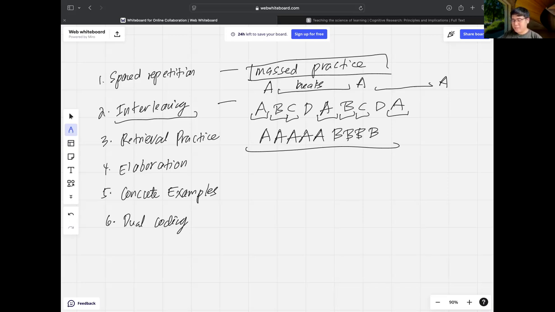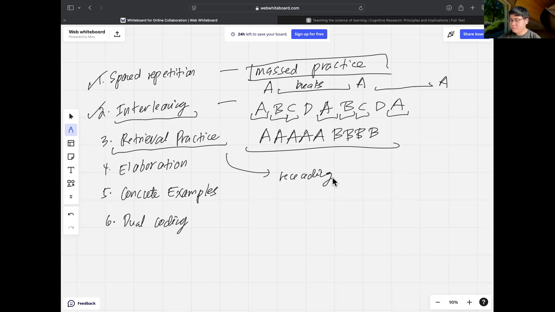All right, I'm pretty sure you may have questions or things to add, but let's just go through all of these quickly. Now, retrieval practice works with spaced repetition and interleaving, so they work hand in hand. What does it mean? It means that instead of reading something and rereading it, right?